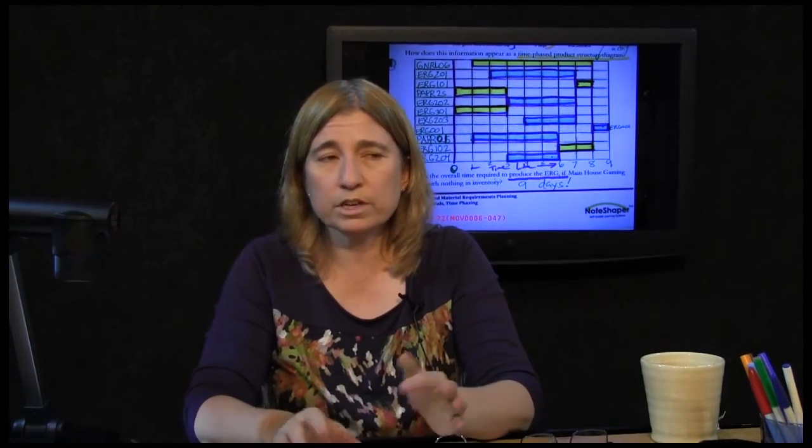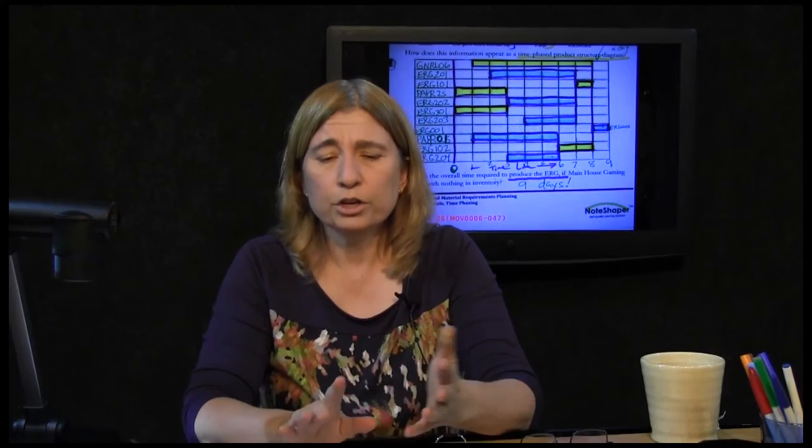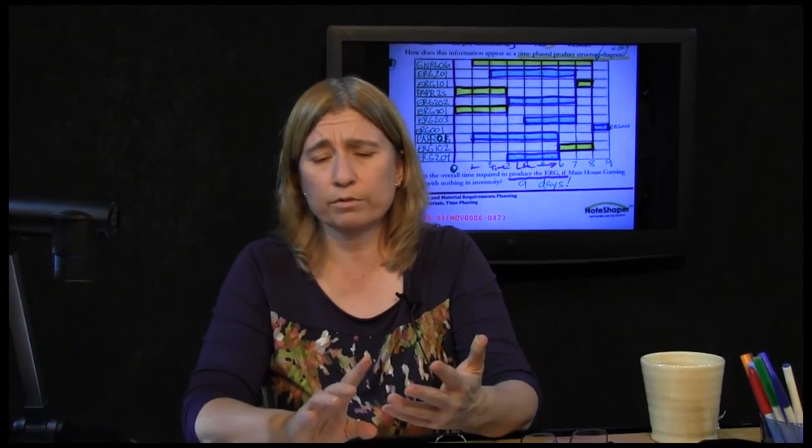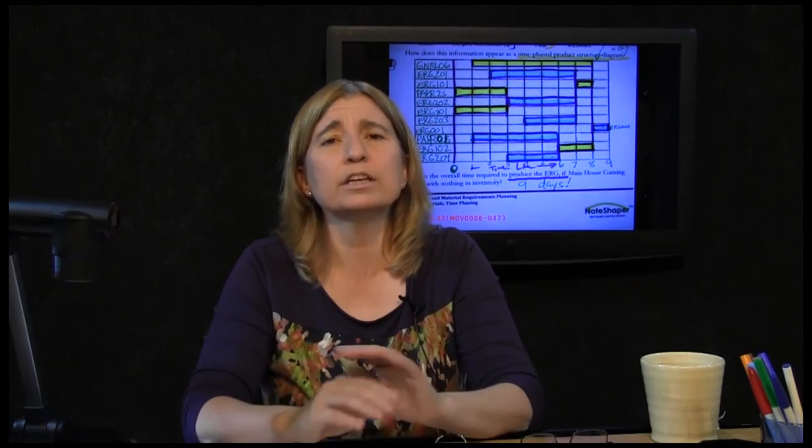The time-phased product structure diagram reveals the answer, that if you have nothing on hand right now and you need one of these games, or ironically 500 of these games, it doesn't matter. You need to place an order for the standard playing board and for the laminate playing board tops immediately. 9 days later, if you do everything else correctly, 9 days later you will have finished the actual environmental response game.